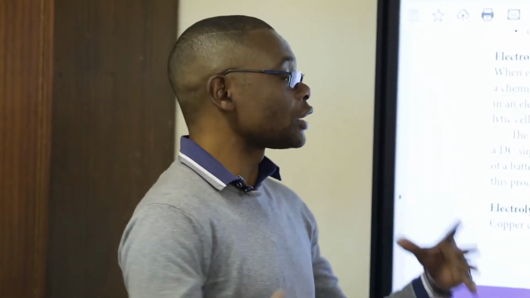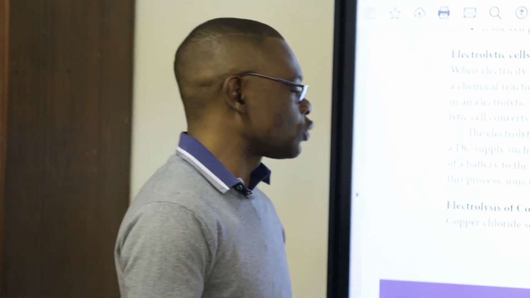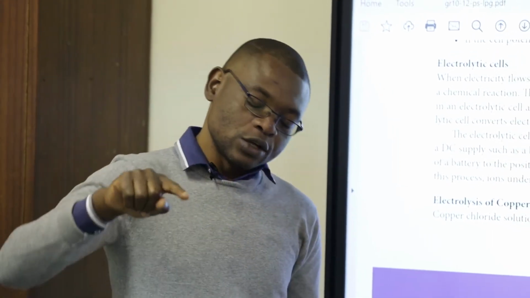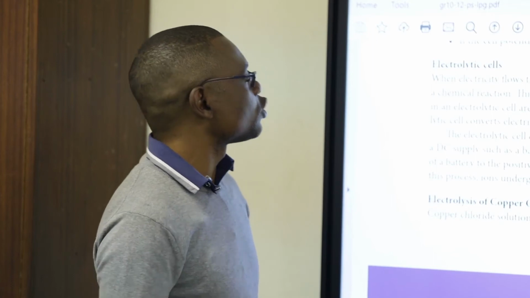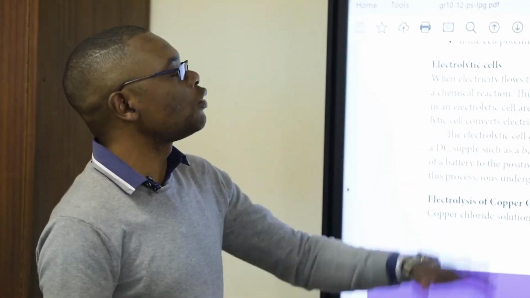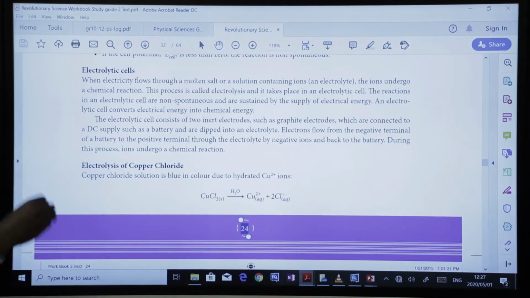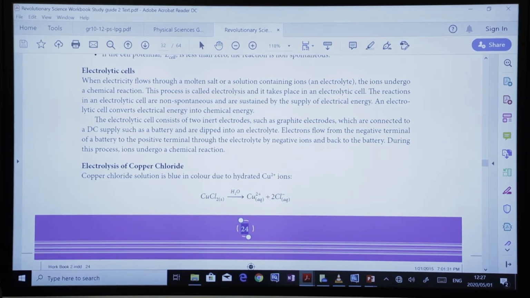And you will see that the diagrammatic representation of an electrolytic cell is completely different from that of a galvanic cell, because the galvanic cell actually produces electricity, but this one consumes electricity and uses the electricity to run through its system. So we are saying when electricity flows through a molten salt or a solution containing ions, or an electrolyte, the ions undergo a chemical reaction.